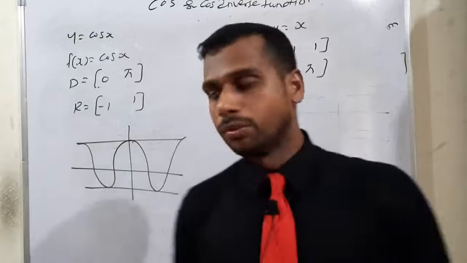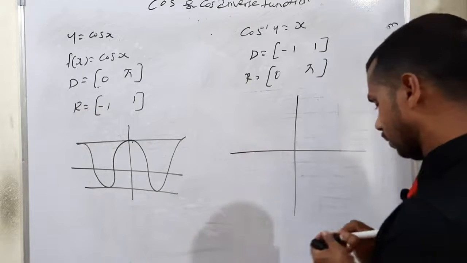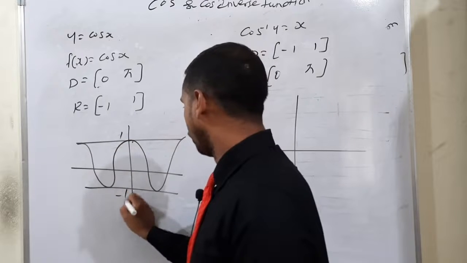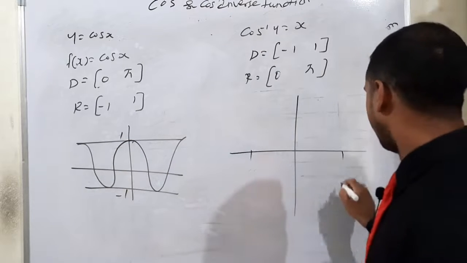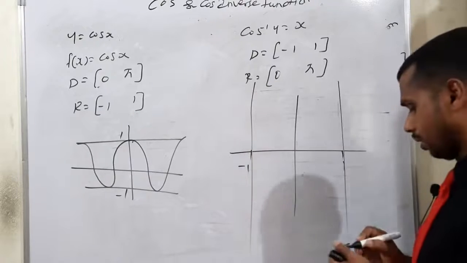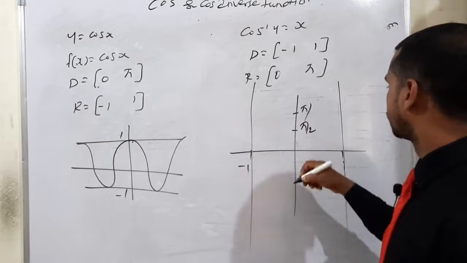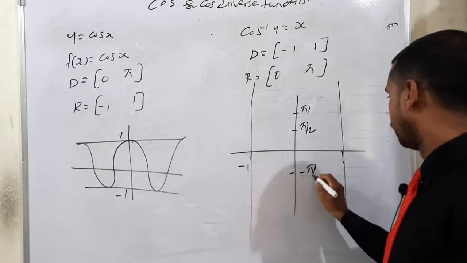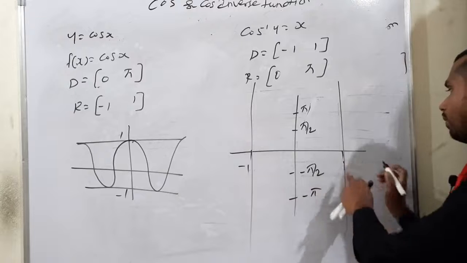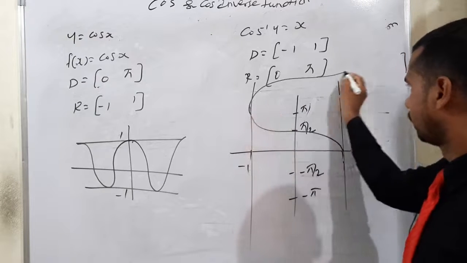Then how do we draw the inverse function? Just reverse the order. The vertical values positive 1 to negative 1 are written on the horizontal line, then the vertical part is pi by 2, pi, and on the opposite side negative pi by 2 and negative pi. Cos 0 starts with positive 1, and it moves like that.